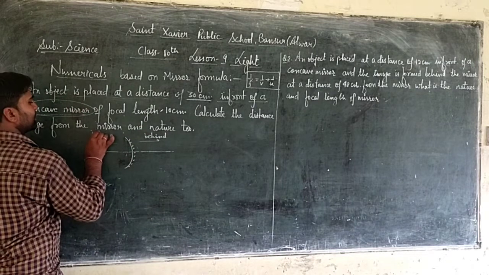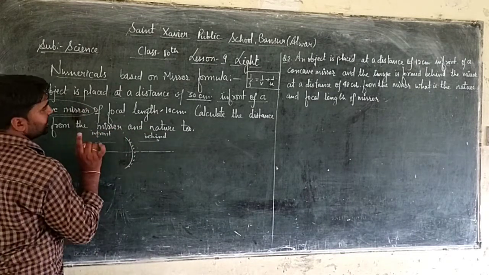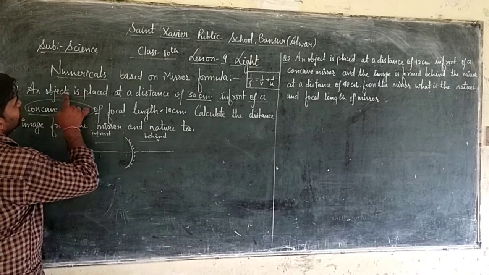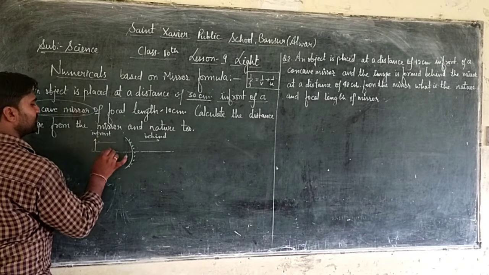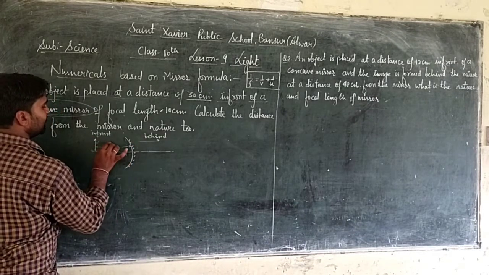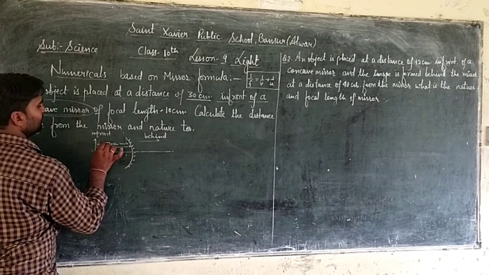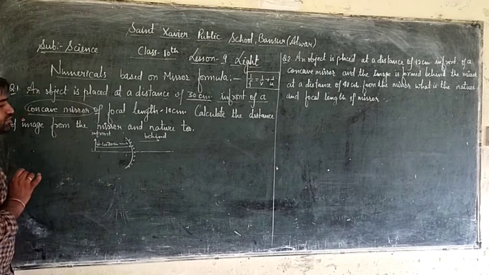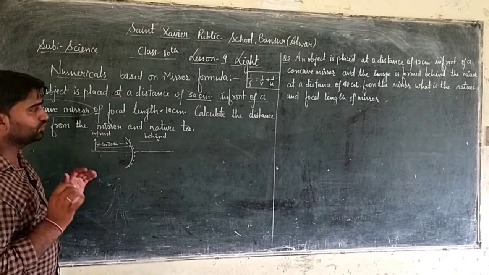So he is saying the object is kept or placed at 30 centimeter. So this is the object and this distance is 30 centimeter. So you know u is equal to 30, okay, because the distance of the object is u.